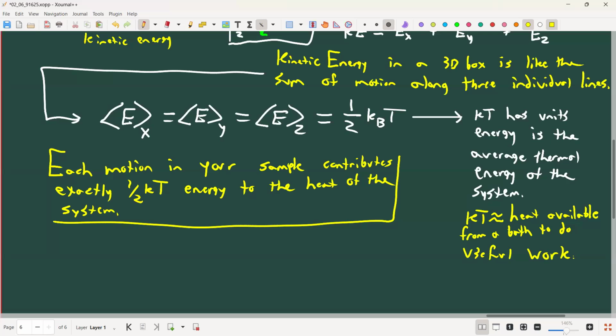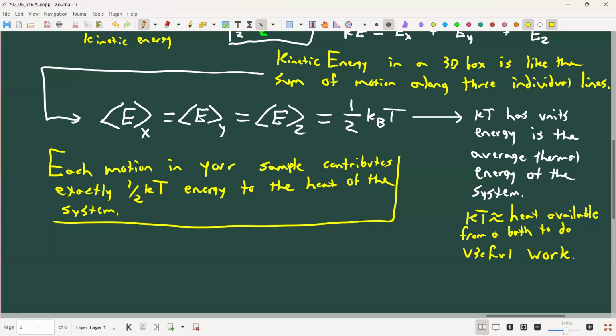And so if we want to think about, for instance, a reaction that needs a little bit of energy to get started, a little kick, you want your heat to give it that kick. But let's say your energy is RT, but that kick needs to be 2 times RT. What's going to happen is not every molecule is going to have enough energy to get that kick.